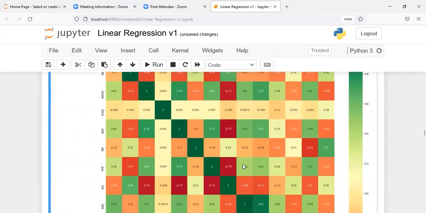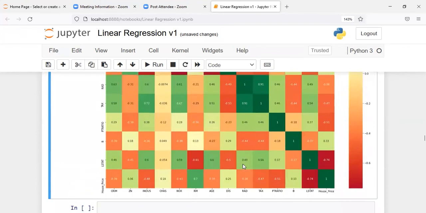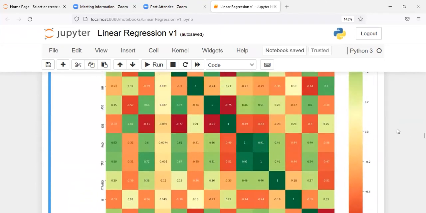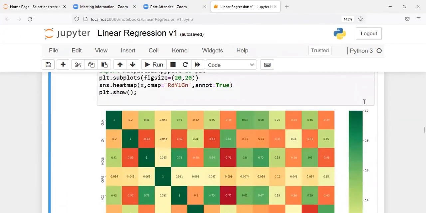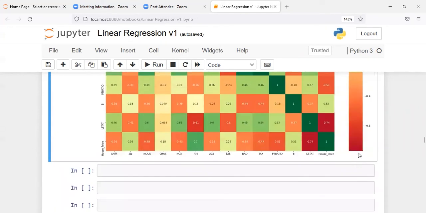You can see here, this is how the heat map looks like. You can see here the color scaling to the right side. All the high values, if the values are more than 0.7, it is depicted using the green color. And if the value is less than minus 0.7, it is shown using the red color.